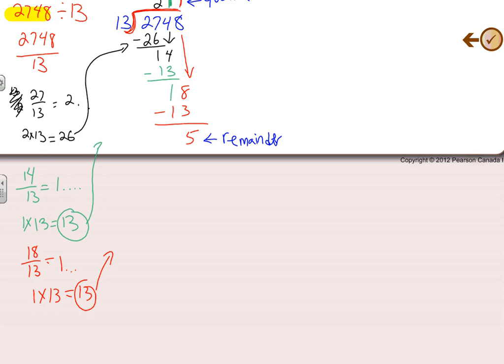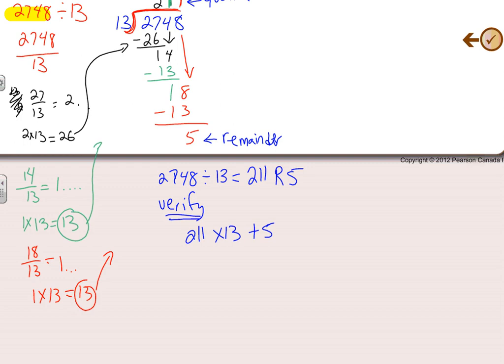If we write that 2748 divided by 13 is equal to 211 remainder 5, then to verify, we take 211 multiplied by the 13 plus the remainder of 5. If we go 211 times 13 and then add 5, we get 2748. So that's a verification of it.